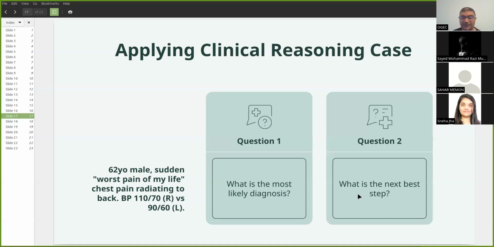And also, if the patient is stable, we can give the patient a beta blocker, labetalol or something, to stabilize the patient, and then we can send the patient to imaging and then operating. So when we have the diagnosis, then we can think about the best next step according to our diagnosis.